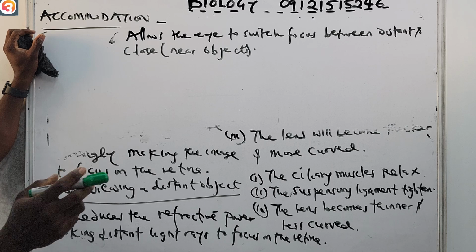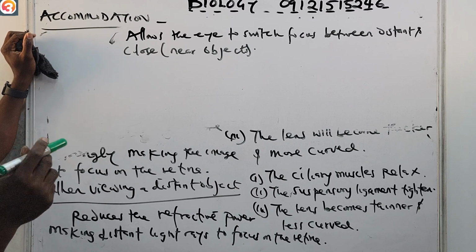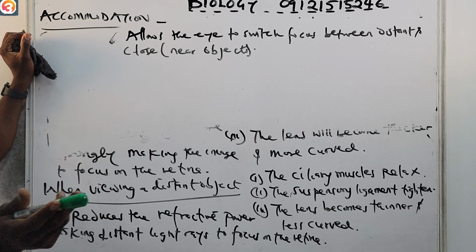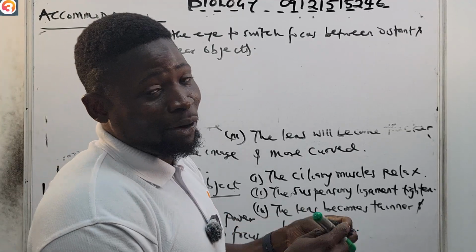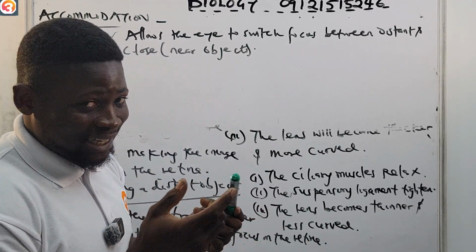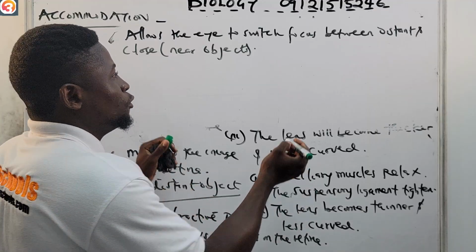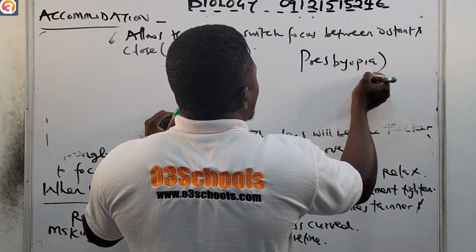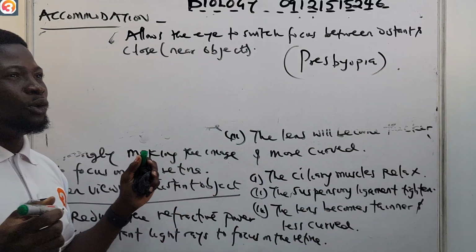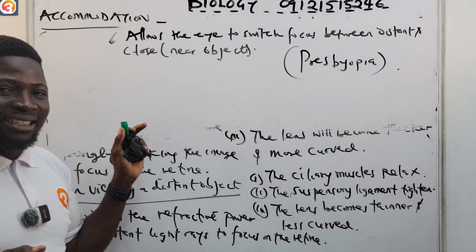Because I told you that the lens is elastic, during old age the lens may lose its elasticity. When we become old, the lens may lose its elasticity, and that leads to what we call presbyopia, due to the loss of lens elasticity.